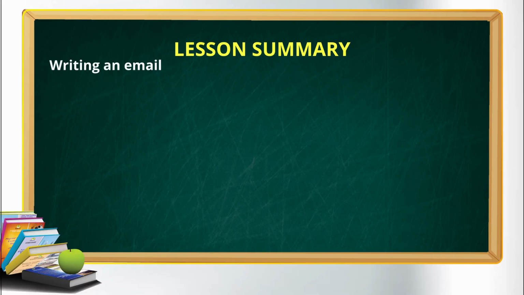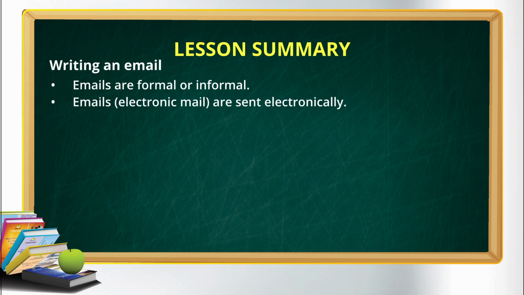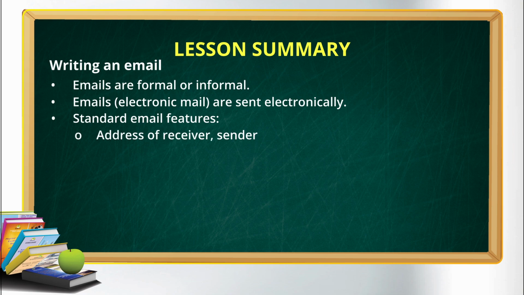Let's recap what we have learned for today. There are two types of emails, formal and informal. Emails are sent electronically. We also learned that an email contains certain standard features: the address of the receiver or recipient and that of the sender. Then follows a subject line.